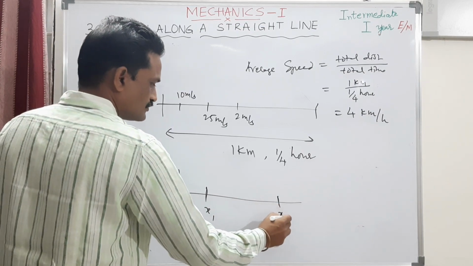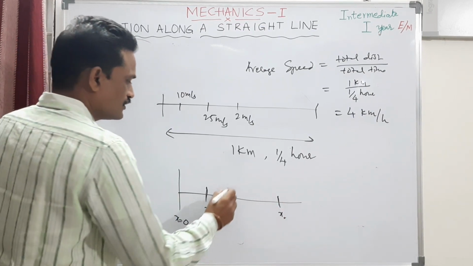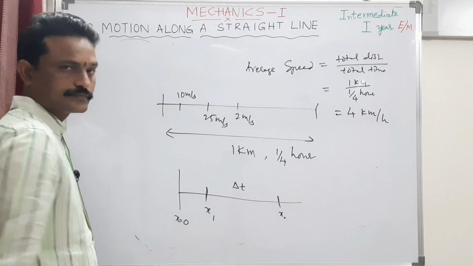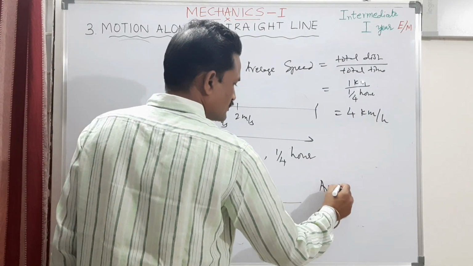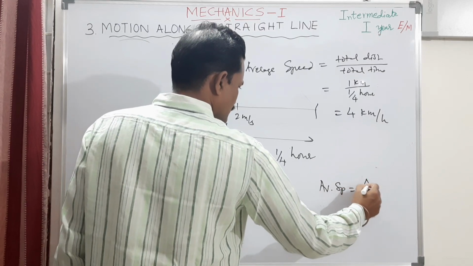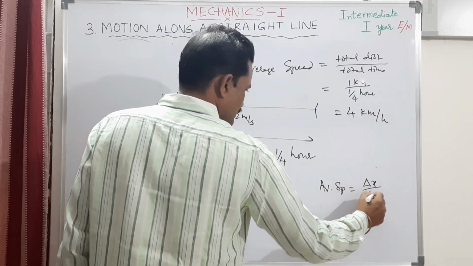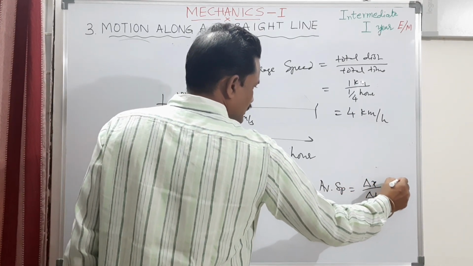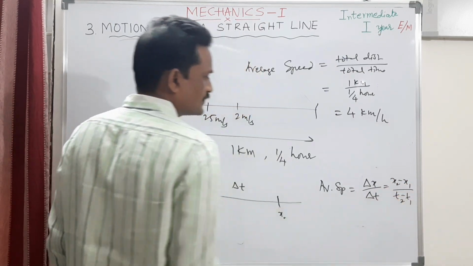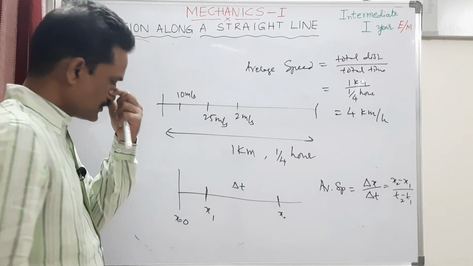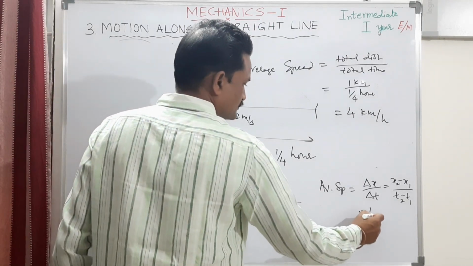You travel to another point x2 in a time period delta t, that is the time interval. Now average speed is given by delta x by delta t. Here delta x is x2 minus x1, delta t is t2 minus t1. This is called average speed. Its units are meter per second.